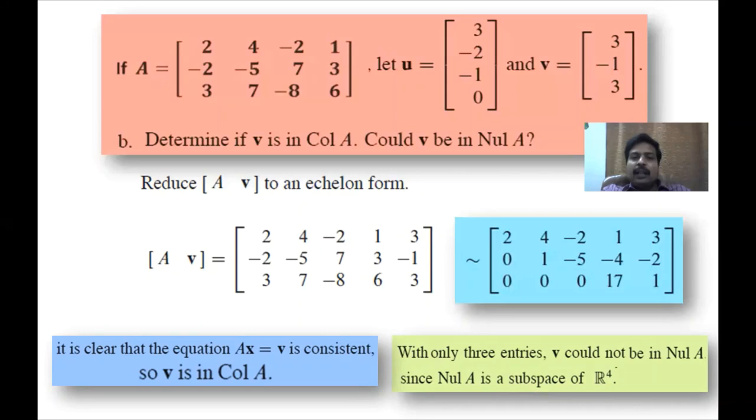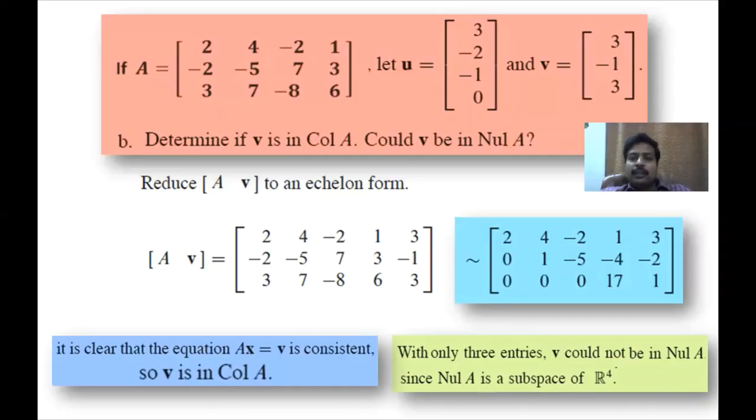So any vector in R4 can be multiplied with A, and we can check whether we will get a 0 or null vector or not. But we can't multiply V with this A. So V cannot be in null space of A, since it is not an R4 entry. That is the conclusion.